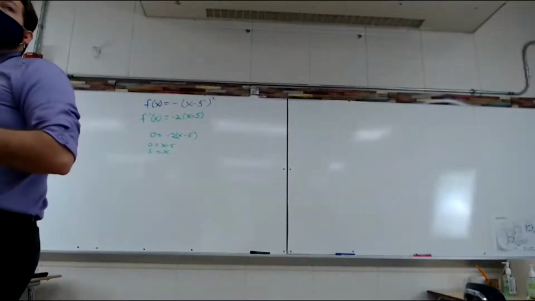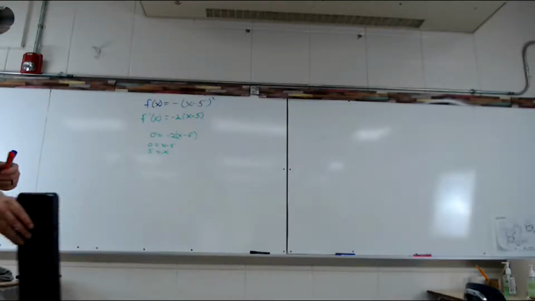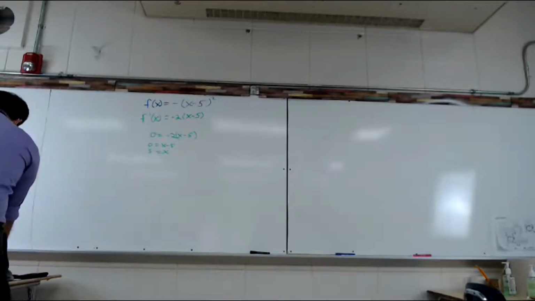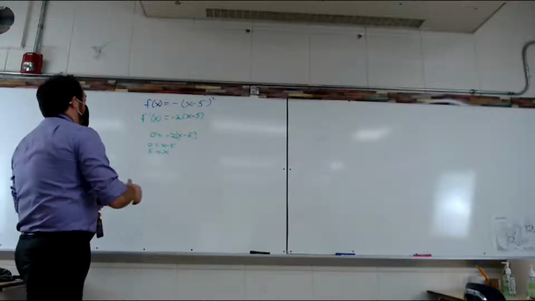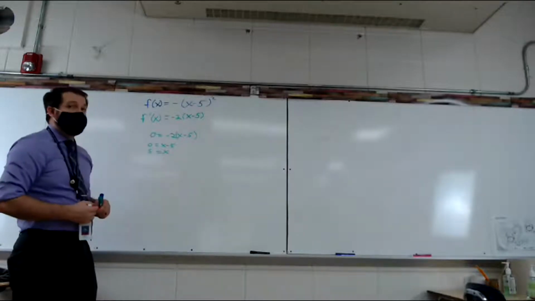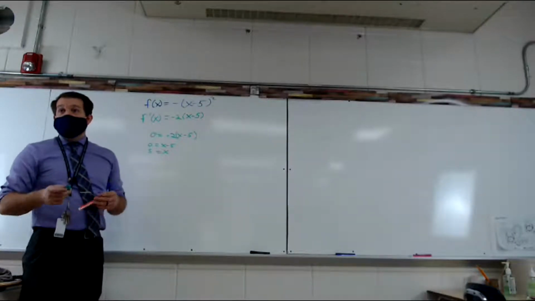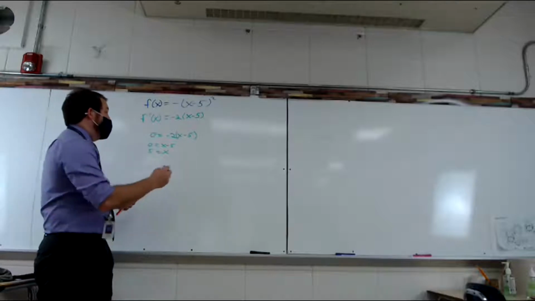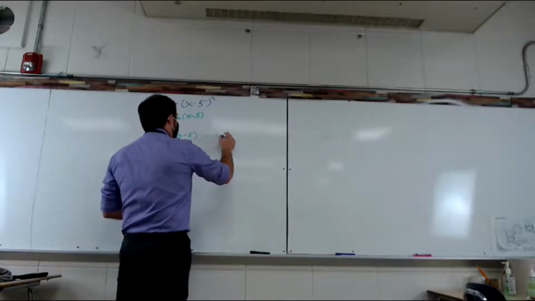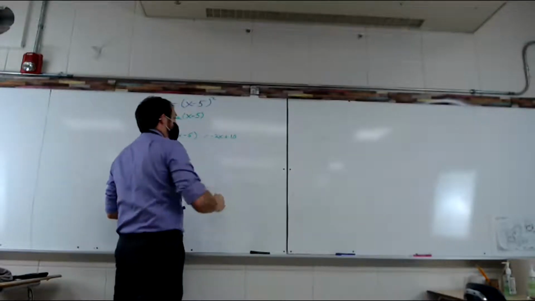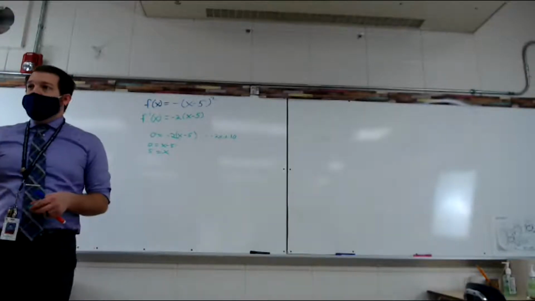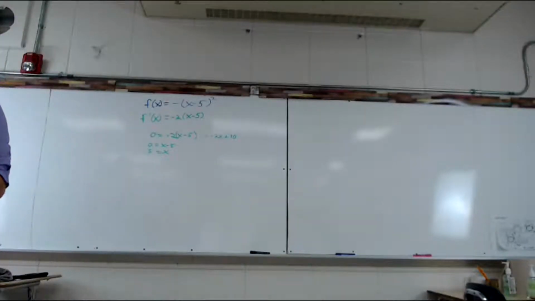Next step here is go to the second derivative, so we need to get our second derivative up here. So when we do our second derivative, what are we going to get here? If you want to make this easier on yourself, distribute that through: -2x plus 10, if you'd like to do that. Distribute that -2 in if you find that to be easier.